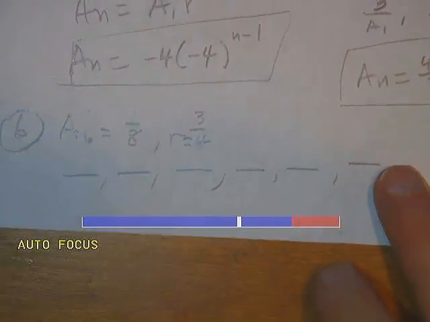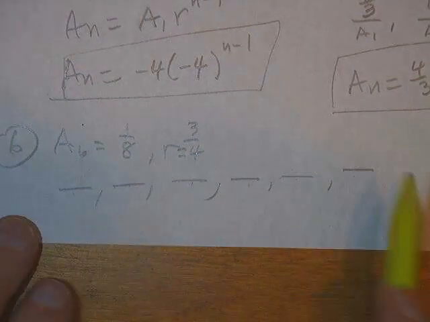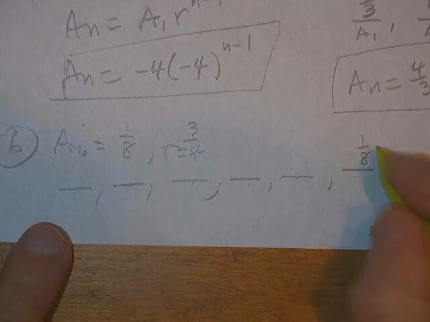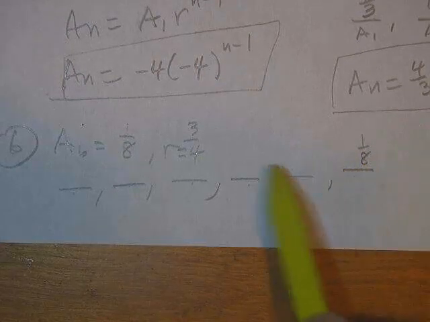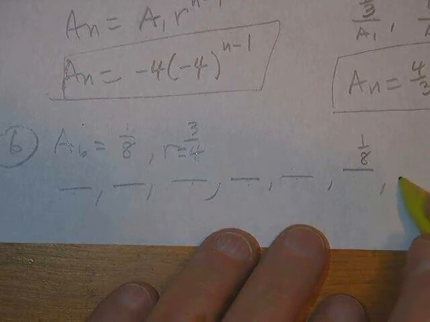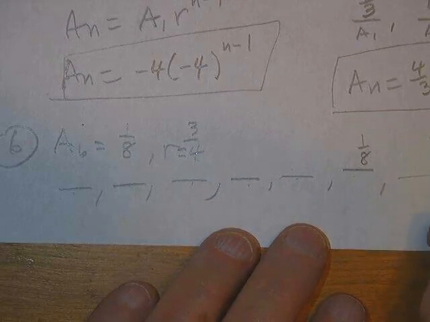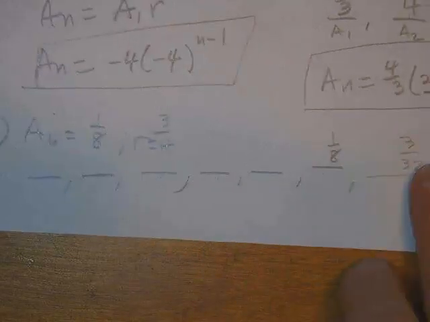There's an easier way to find it than this, but I'll show you both. So the 6th term is an 8th. And to go to the right, we multiply by 3/4. So this 7th term would be 3/32. I would just multiply these two together.